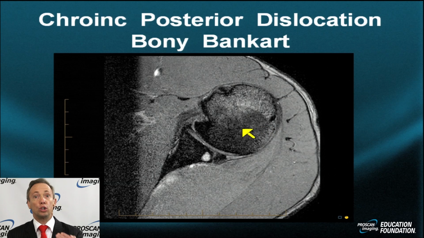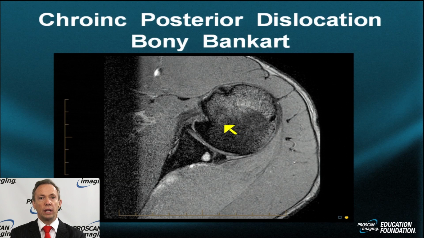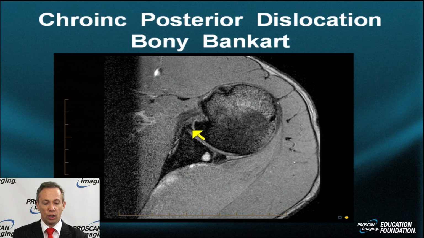Now, in contrast to the acute injury, when the healing of the glenoid after a posterior dislocation results in a faulty or insufficient glenoid cup, in other words, it's flat, the humerus may continue to sublux or dislocate thereafter. This deformity or insufficiency is often associated with capsular stretching.